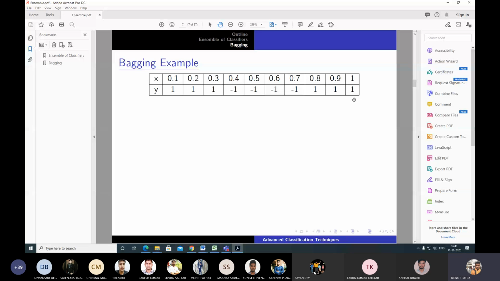Now in this example, you cannot find a single decision stump which rightly classifies each instance. That means there are 10 objects and you cannot find a single decision stump which can identify all training objects rightly.